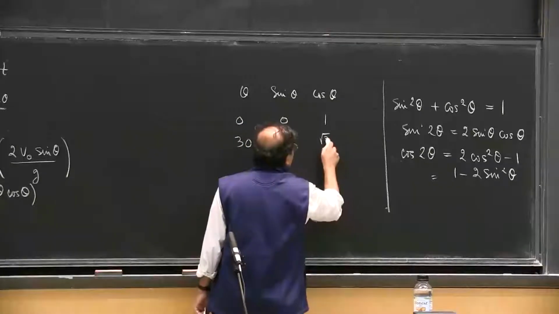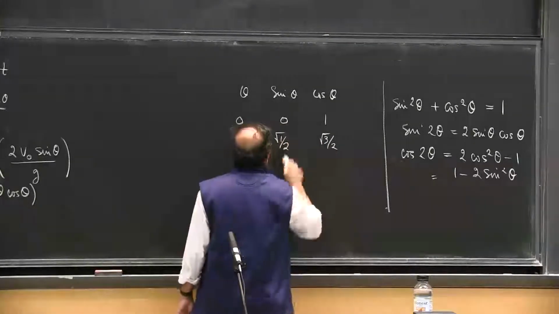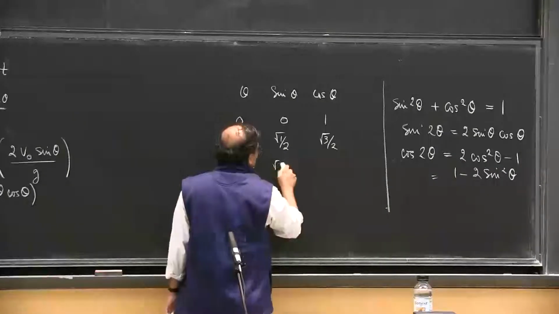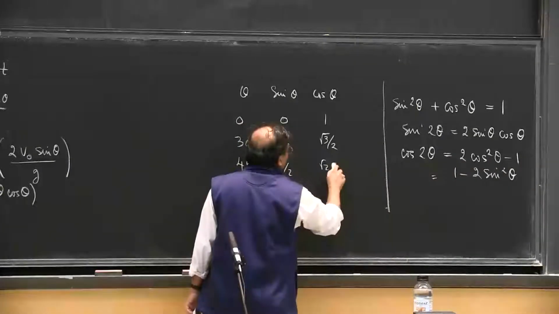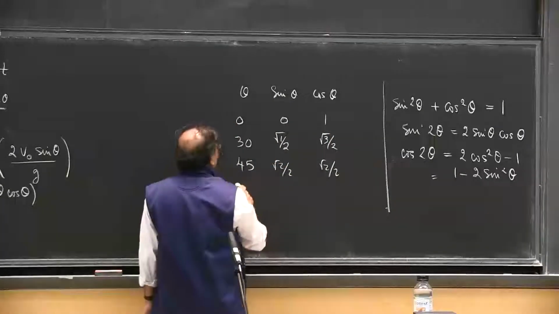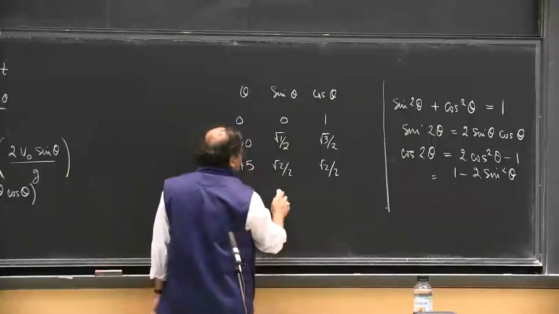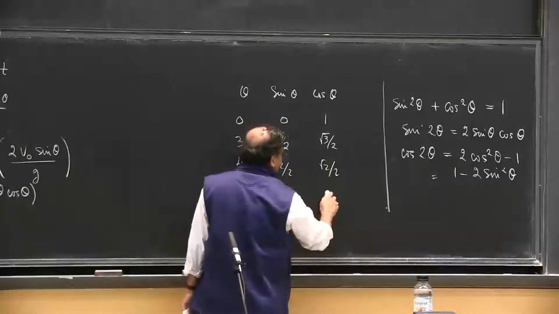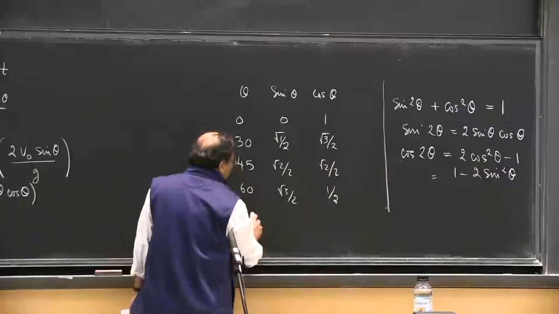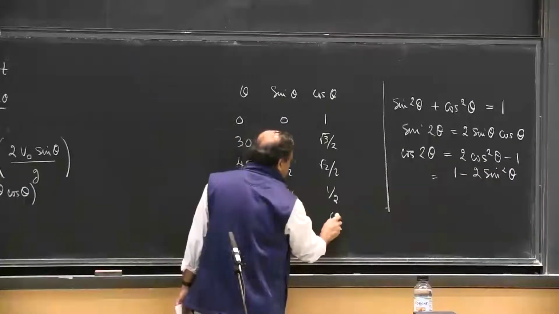This is root 3 over 2. I told you guys you can write it like this because 1 and root 1 are the same. 45 would be root 2 over 2 for both. This is coming down, that's going up. 60 degrees is root 3 over 2, and then this is going to be 1/2. And 90 would be, sine 90 is 1, and this would be 0.